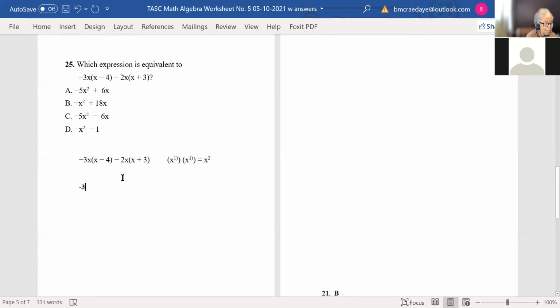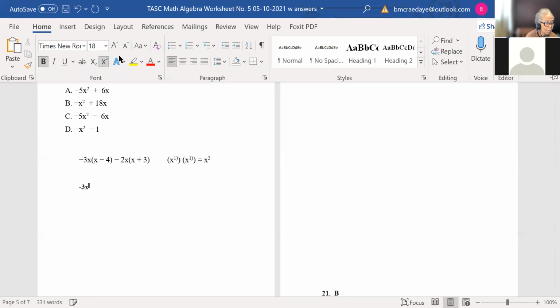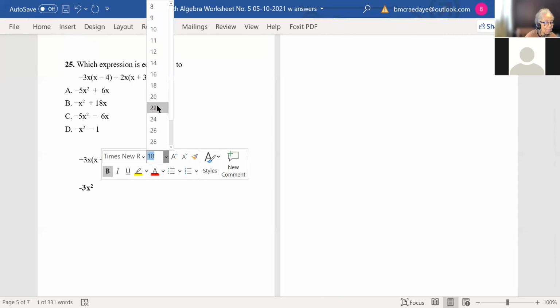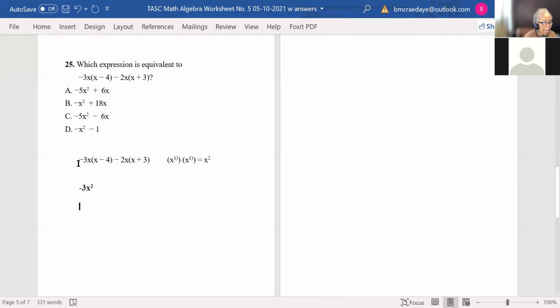You've got x to the 1 times x to the 1, just like over here where I get x to the second. So that's going to be minus 3x to the second power, right? So minus 3x times x is minus 3x to the second power.